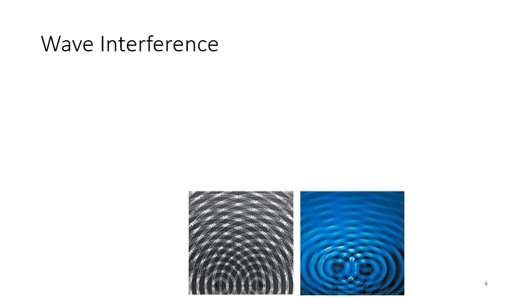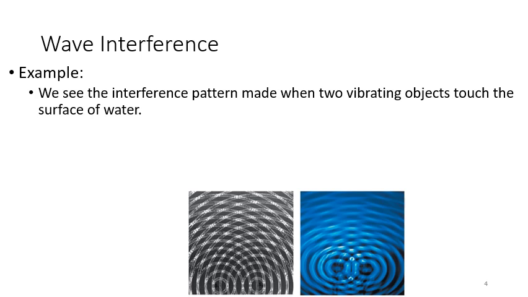Let's consider some examples of wave interference. Consider a wave pattern created by objects touching the water surface at the same frequency. Here, this is the first object, exactly in the middle, and this is the second object. I will use a different color. This is the second object's wave pattern.